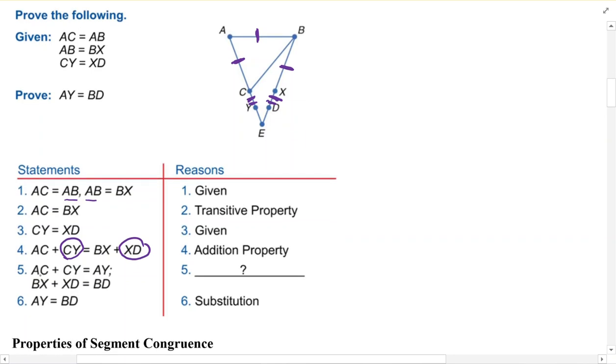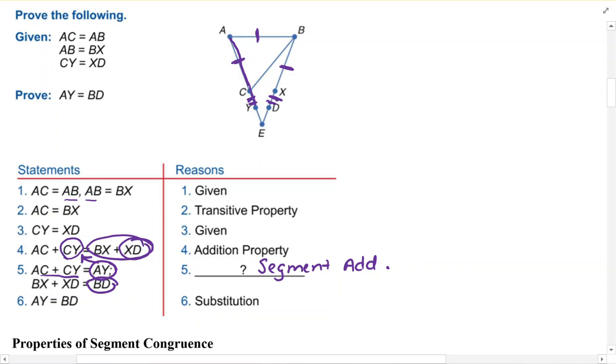In this step, we're saying that AC, which is this right here, plus CY equals AY, and BX plus XD equals BD, and that's by segment addition. Then substitution, because we're taking the AC plus CY and substituting that AY up into this step, and we're substituting this whole thing, BX plus XD, with the BD, and that's substitution.